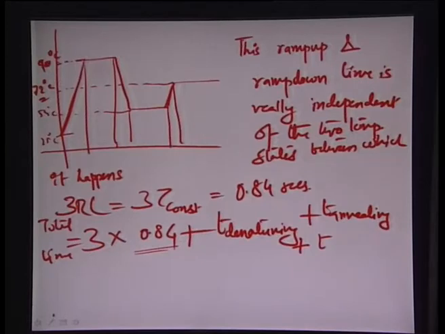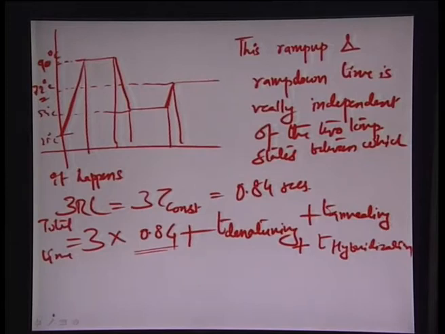So you have the total time of the reaction in this case as 3 times 0.84 seconds, which is the time constant for the PCR volume, or for the microreactor volume, from the last question, plus denaturing time plus annealing time plus hybridization or extension time.